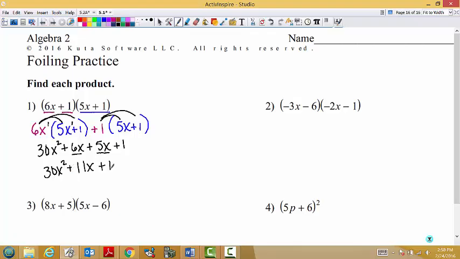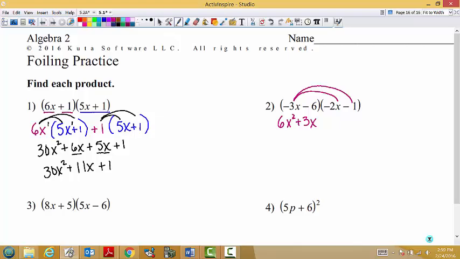So number 2, now this was writing it all the way out. You don't have to do that each time. What you can do is you can say, I'm going to multiply the negative 3x times the negative 2x. Negative 3 times negative 2 is a positive 6. X times x is x to the second. And then the negative 3x times the negative 1 is going to be a positive 3x.